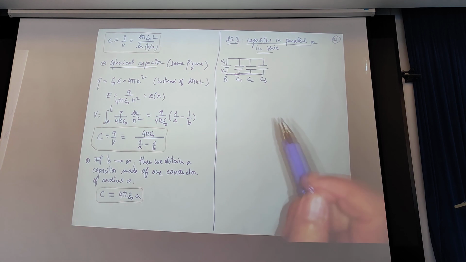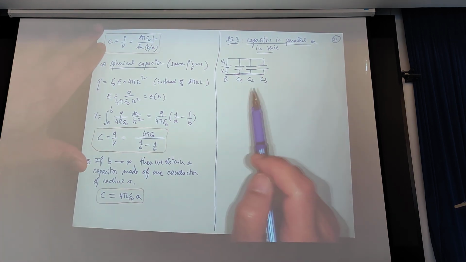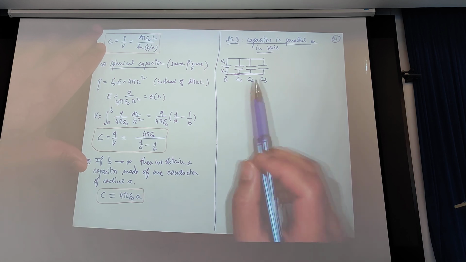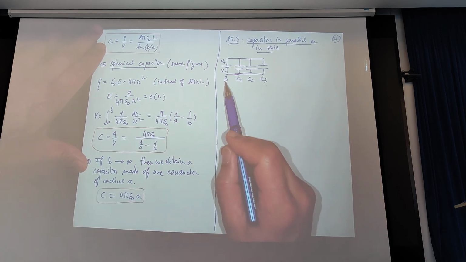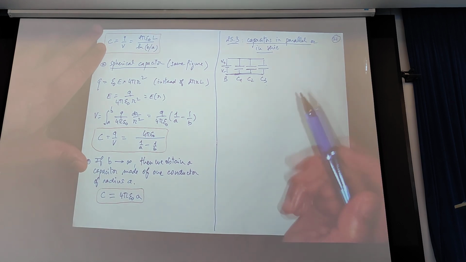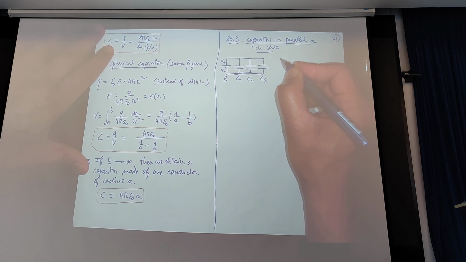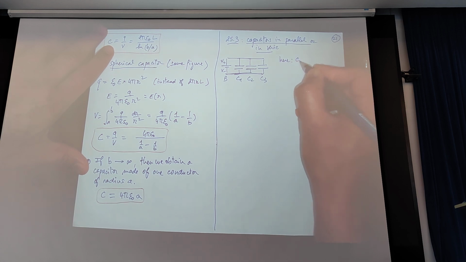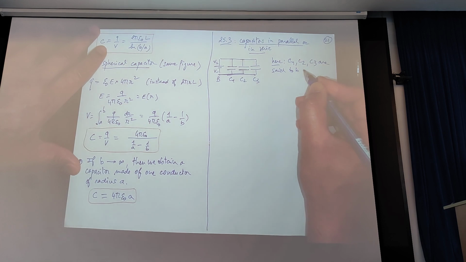Can you read me? C1, C2, C3, and B is a battery. Okay? Here C1, C2, C3 are said to be in parallel.